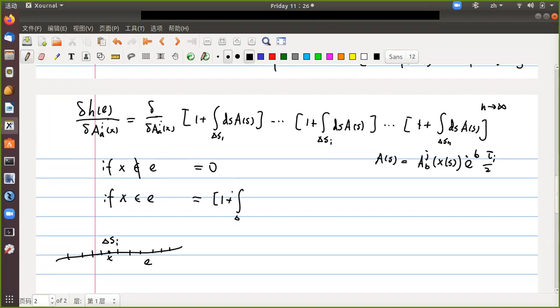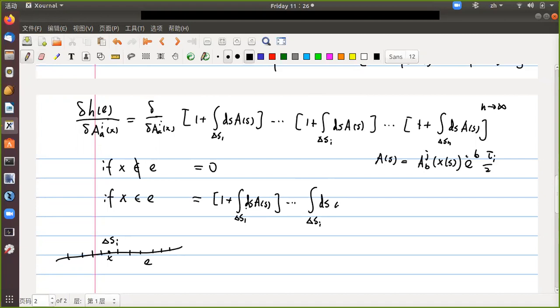It only acts on the segment Si. Well, you just have integral delta Si. Well, this term, because it is a very short holonomy, we have linearized this holonomy already. So it is linear in A. Yeah, then this functional derivative is very easy to compute.